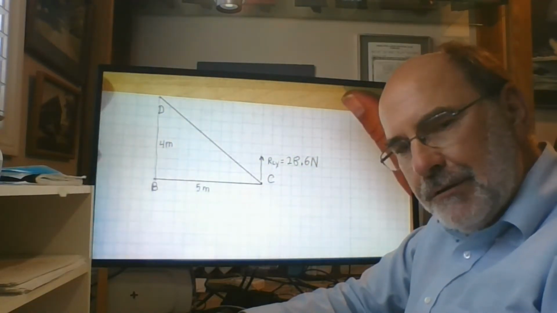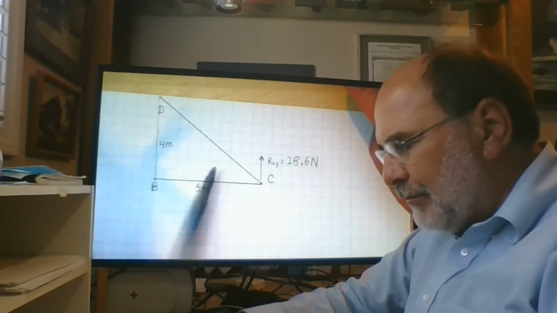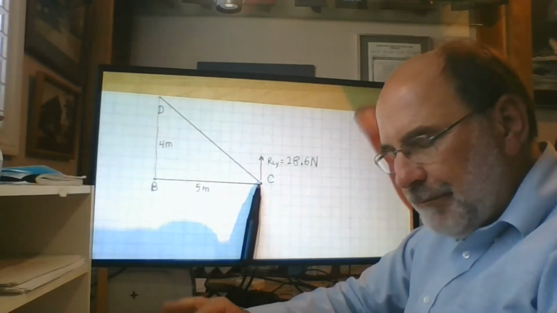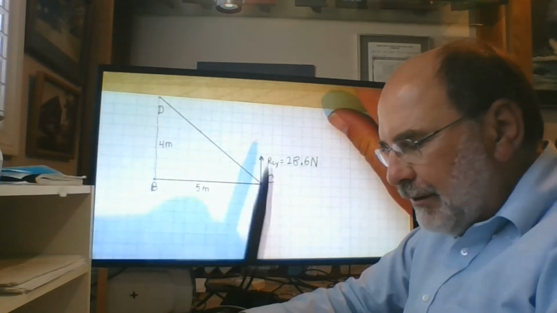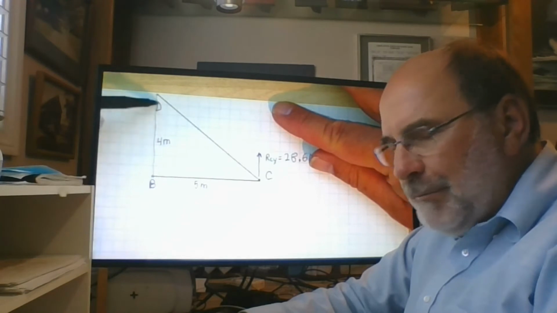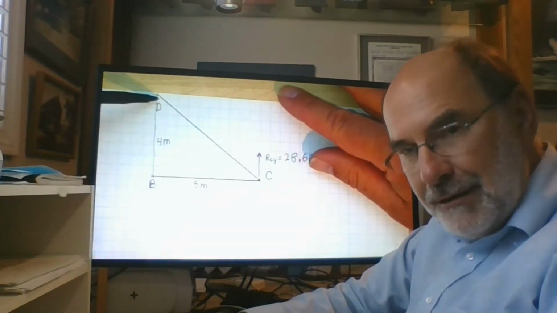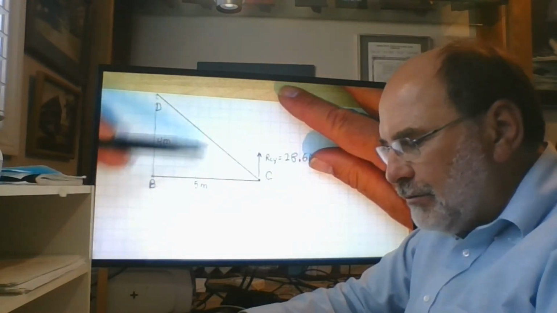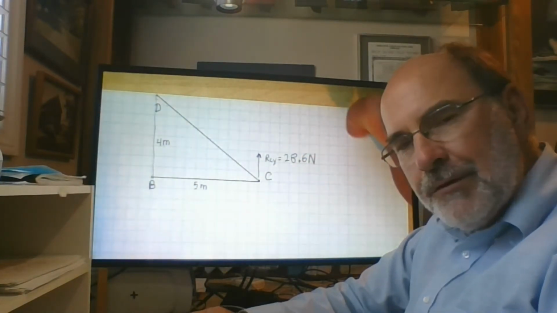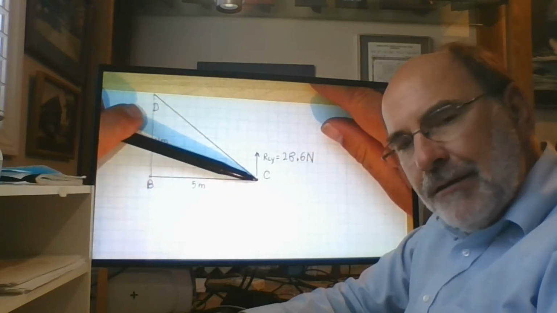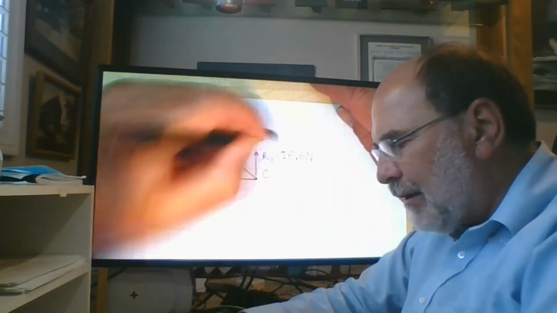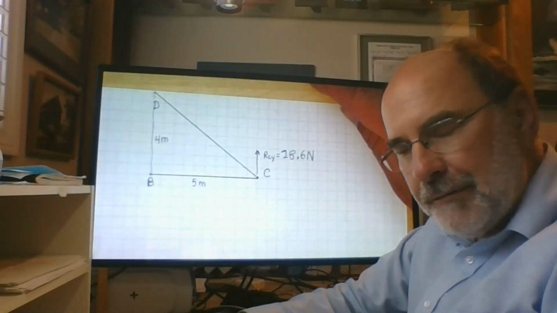We don't care about the load at D. What's going on is that we've calculated that the reaction force at point C caused by the roller is 28.6 newtons, that it's 5 meters horizontally to get to point B, and it's 4 meters vertically to get to point D. These two truss members are the only forces acting on C that can cancel out the 28.6 Newton of the roller pushing up on point C.